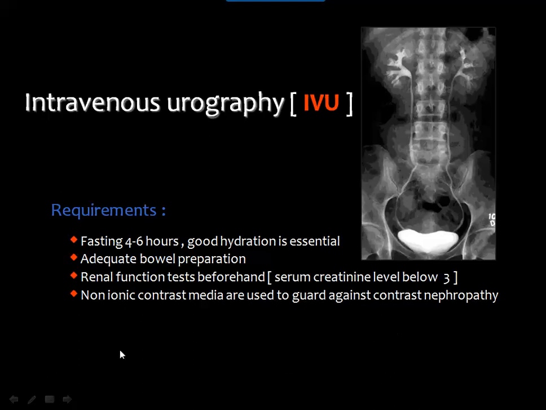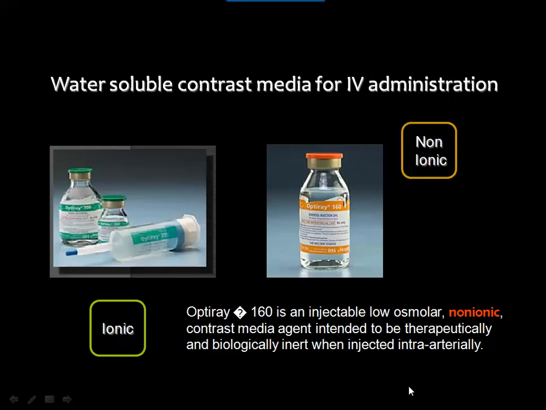which perform this examination. The non-ionic contrast media are better, of course, and they are less harmful to the kidney compared to the ionic contrast media.